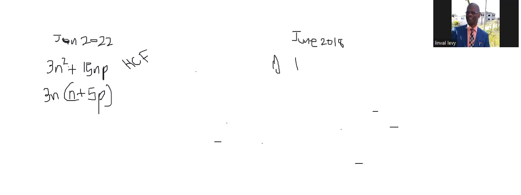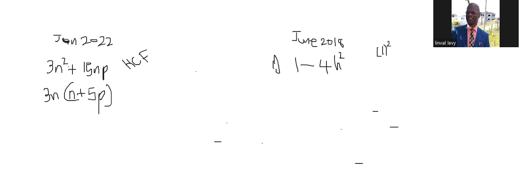1 minus 4h squared. So this one now is difference of 2 squares. Good. So we can write 1 as 1 all squared, right?